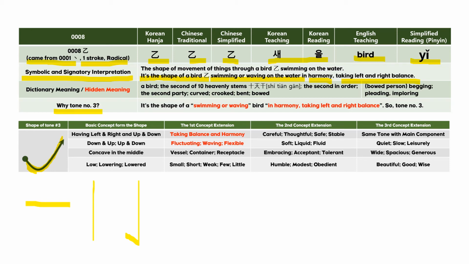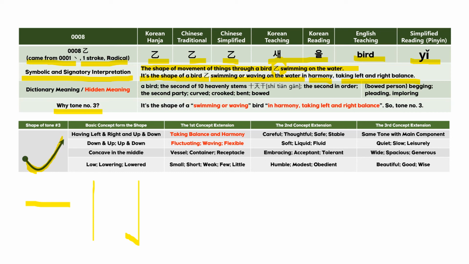In that way, this character is the shape of movement of things through a bird swimming on the water. So this character represents the movement of things through a bird swimming on the water or flying in the air.